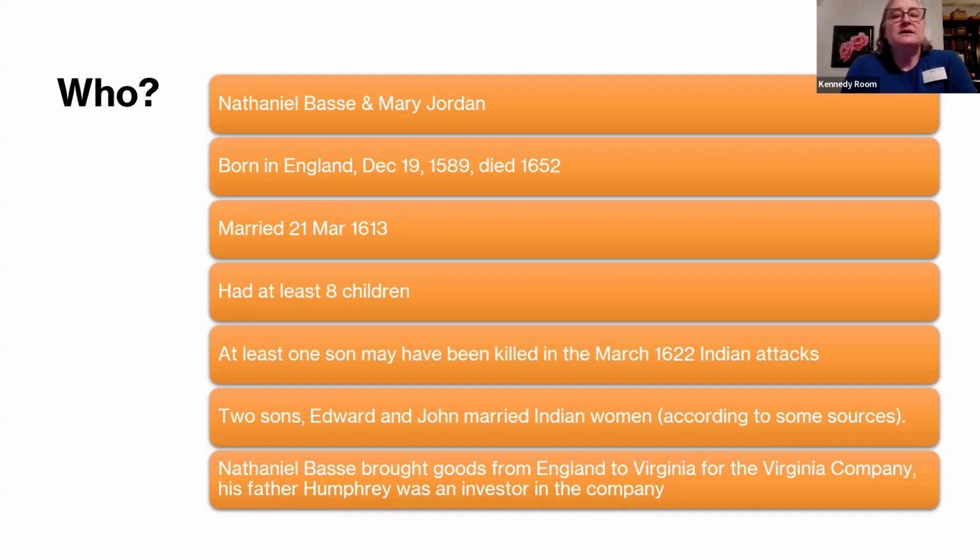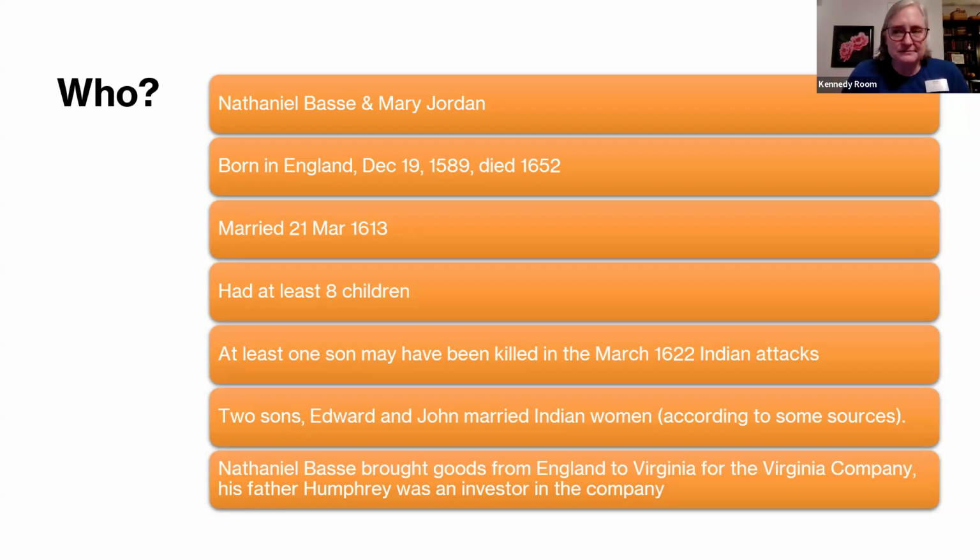He was born in England, December 19th, 1589, died in 1652. We think in Virginia, but he could have been in England again. Sources vary. I haven't had time to dig through all of them. They're incredibly difficult to read. They were married, according to one document, on the 21st of March in 1613.